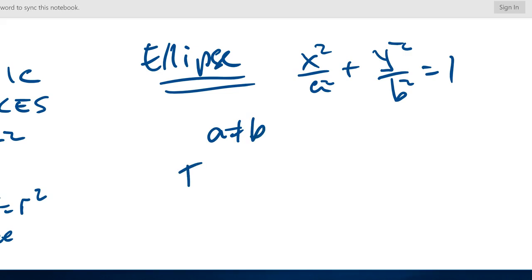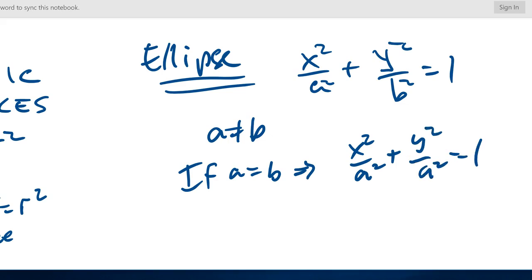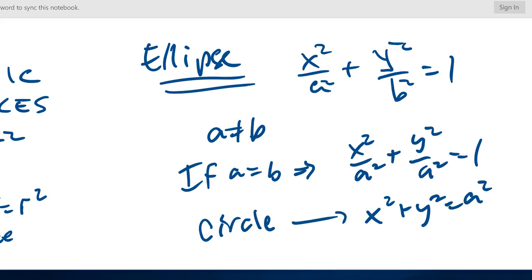Now, if a is equal to b, then we have x squared over a squared plus y squared over a squared equals 1. So you get x squared plus y squared equals a squared. Well, that's just a circle of radius a. So if a and b are not the same, you have an ellipse. If a and b are equal, you have a circle. So there you have it.